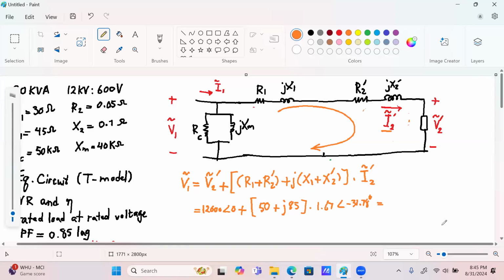This can be calculated as 12,145 with angle of 0.36 degrees in volts.